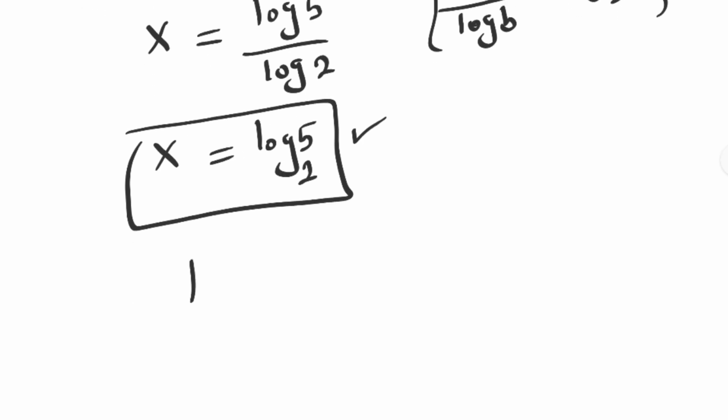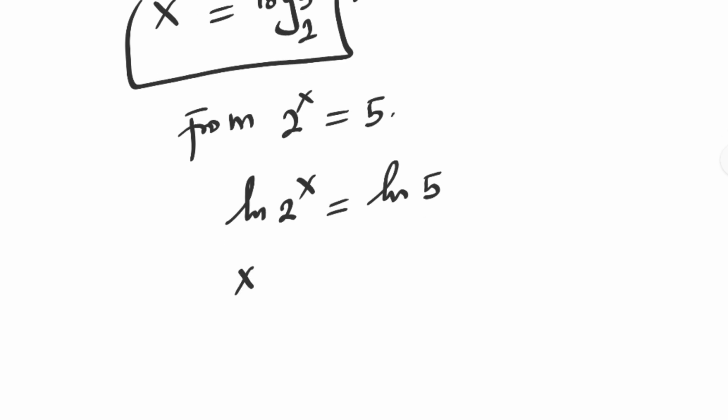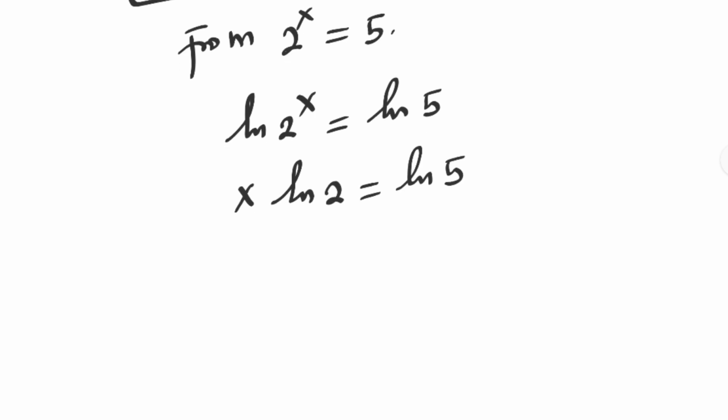That is, from 2 raised to power x is equal to 5, let us take the natural log on both sides of this equation. We have ln of 2 raised to power x is equal to ln of 5. x ln of 2 is equal to ln of 5.